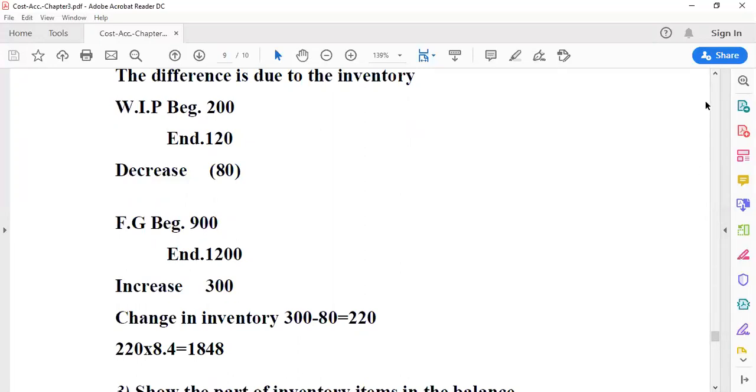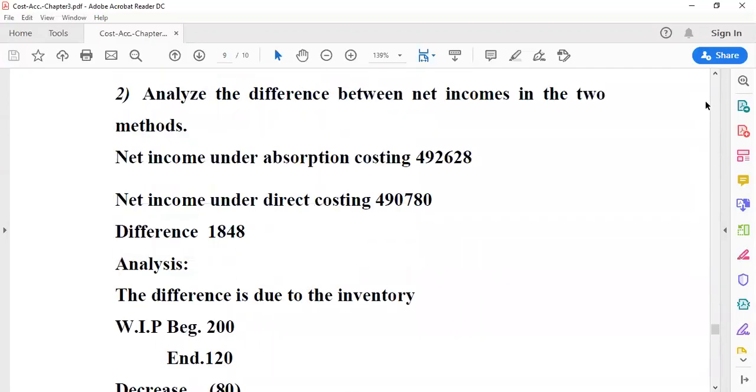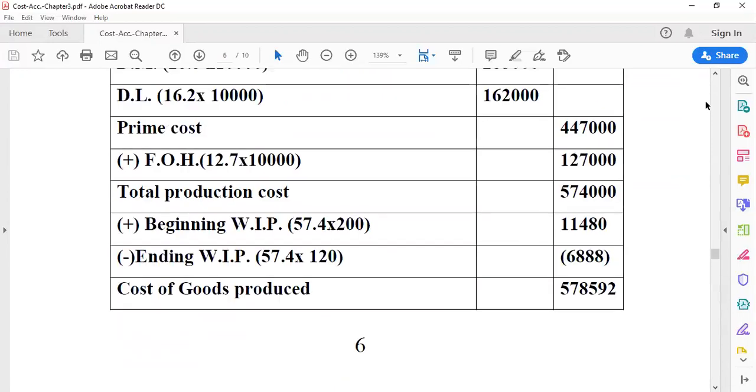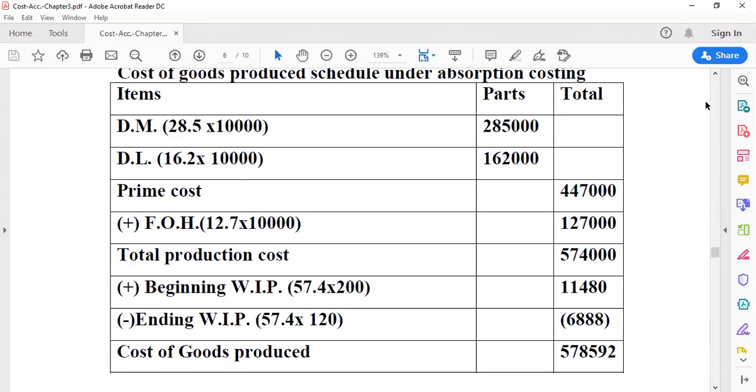Why should it be multiplied by 8.4? Let me go back to our solved example to show you the givens.